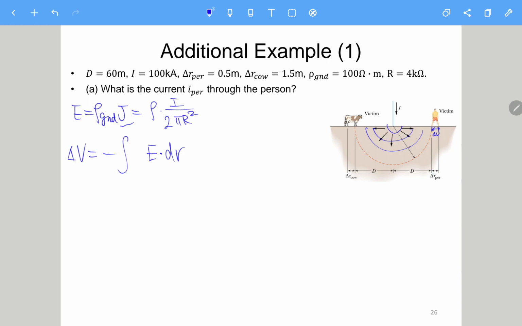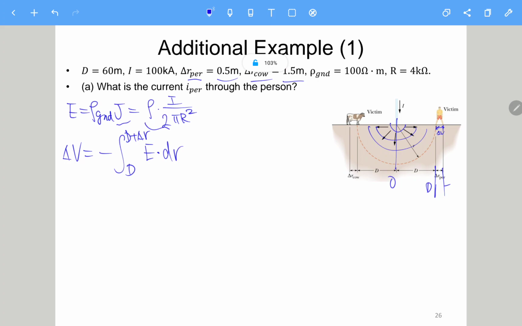Then we need to integrate from D to D plus delta R. Of course, there is a delta R person and a delta R cow. So we just call it delta R first, and if we substitute 0.5, it is for the person, and if we substitute 1.5, it is for the cow.